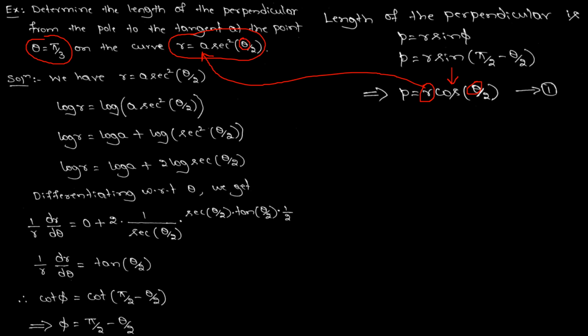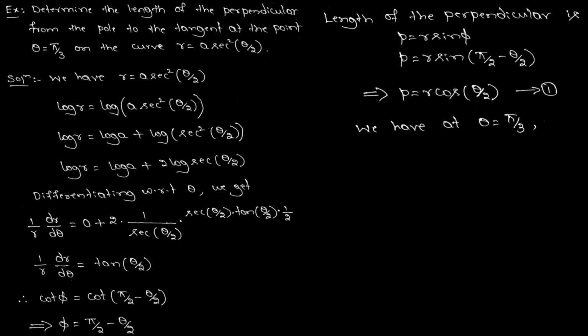So r is equal to a secant square of pi by 6, since pi by 3 into 1 by 2 gives pi by 6.